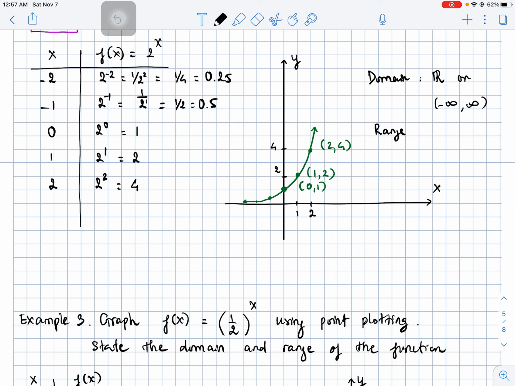And the range, so we see that the graph is above the x-axis. That means the y values are positive, so we don't have negative y. And the lowest number is 0, but it's not included, right? So it's 0, infinity.